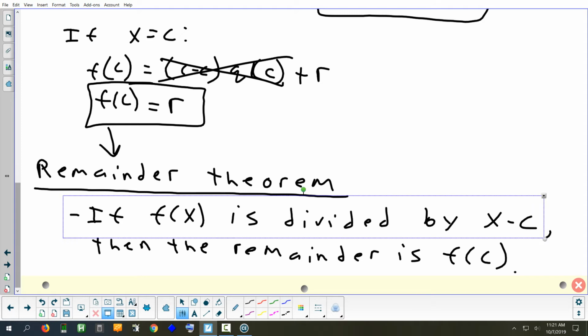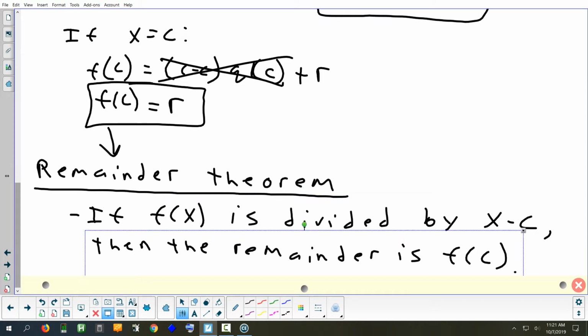If you divide by something linear, and this only works if you divide by something linear, like example 1, this would not work for example 2, the remainder is found by taking the number after the minus sign and plugging it into your numerator. So I'll go back to our first problem and let's see if we can get a remainder of 6 doing this very quickly.